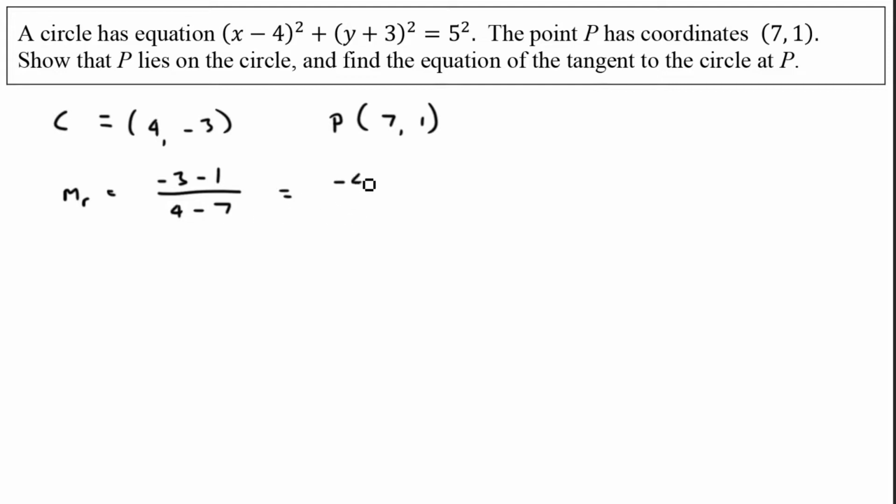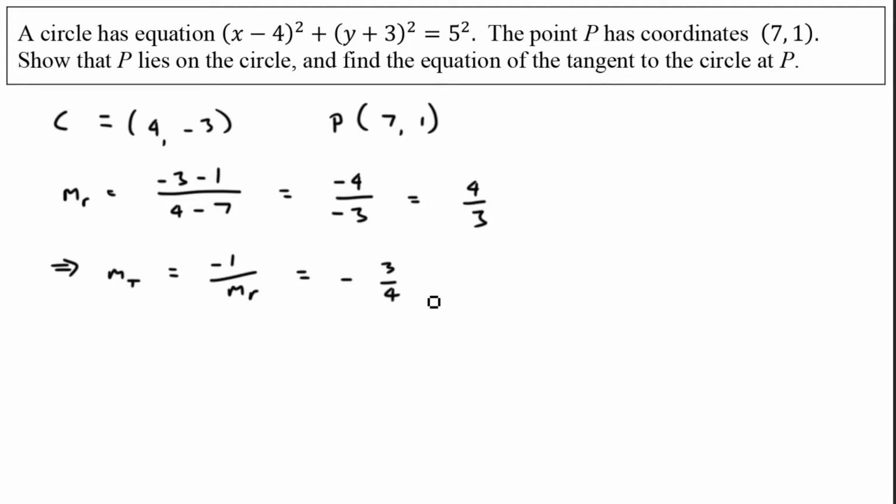So we have -4 divided by -3. We have a gradient of 4/3. That tells us that the gradient of the tangent, being -1 over the gradient of the radius, is -3/4.